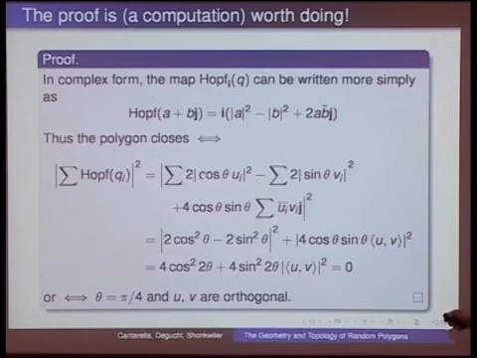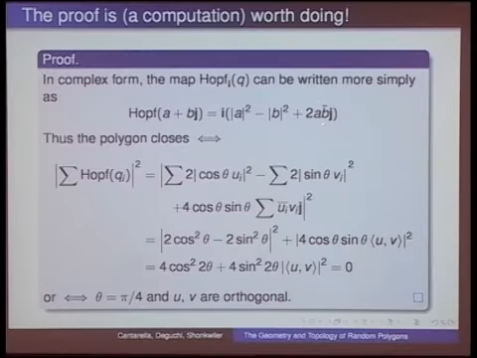sum it over the a_i's, which are, remember, cos theta u_i's, and the b_i's, which are sine theta v_i's, then the sum of these is the norm of the complex n-vector A squared. The sum of these is the norm of the complex vector B squared.